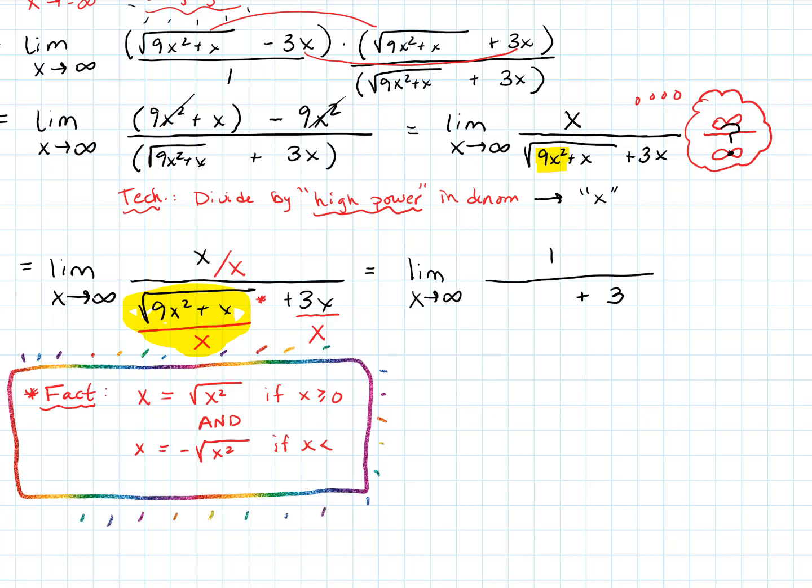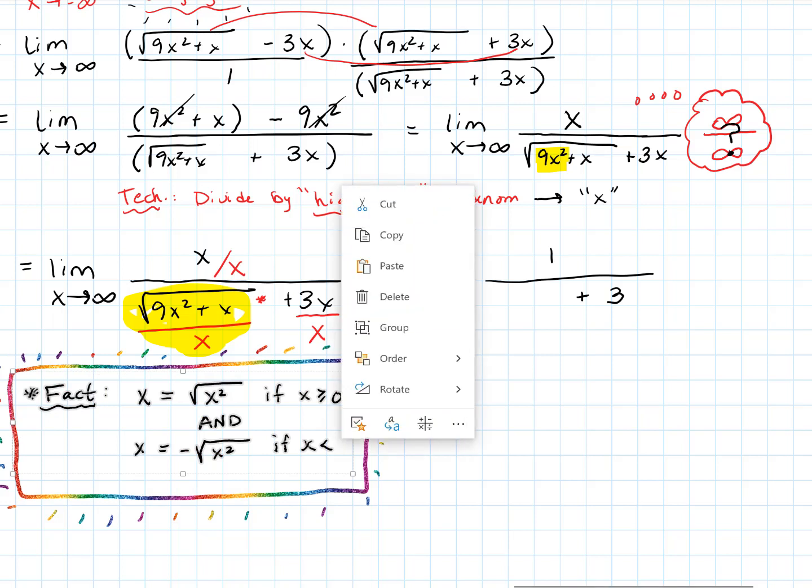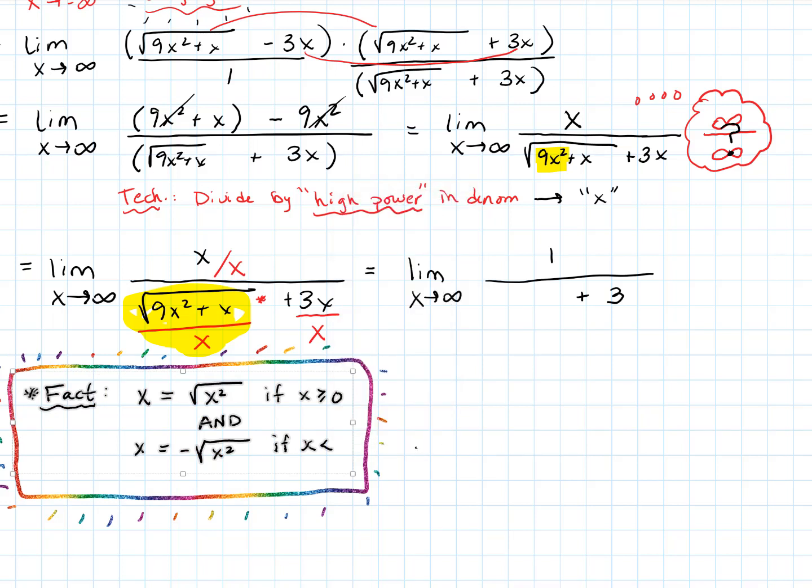Anytime you want to bring a variable under a square root, you can use this fact: if our x's are positive, x is equal to the square root of x squared.